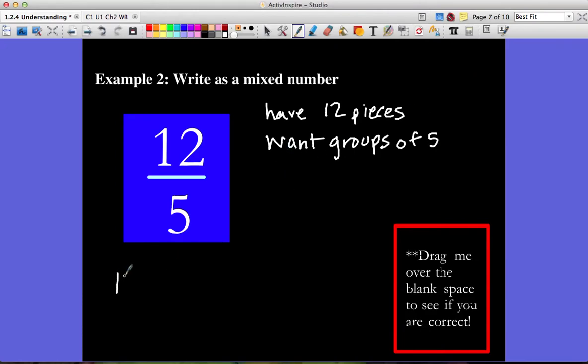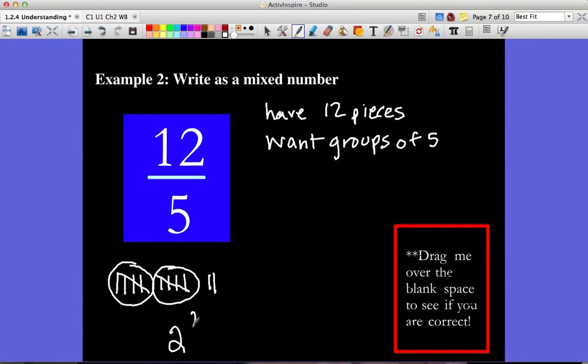Well, if I have 12 pieces and I want groups of 5, I can go like this. I can say, okay, 1, 2, 3, 4, 5 is one group. 6, 7, 8, 9, 10. It's another group of 5, so that's a second group. 11, 12. I can't go any further, but I can see here that I made 2 whole groups, so that's my whole number.